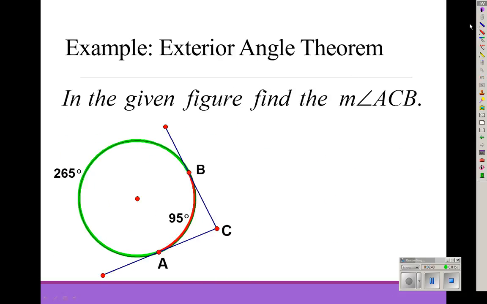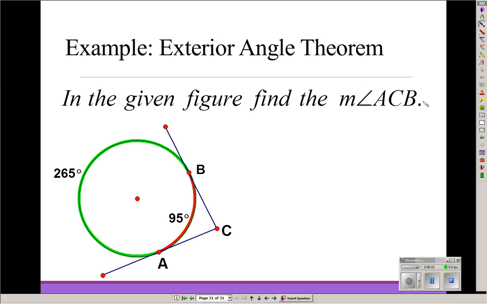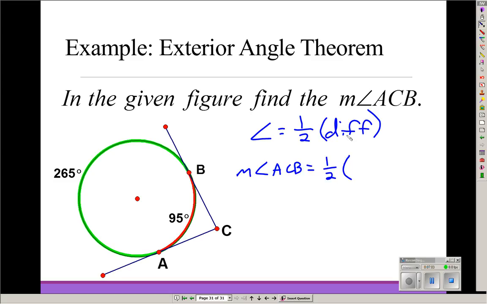So let's find the measure of angle ACB. Angle ACB has an intersection outside the circle, and when the intersection is outside, the angle is half of the difference. So the measure of angle ACB equals half of the difference.